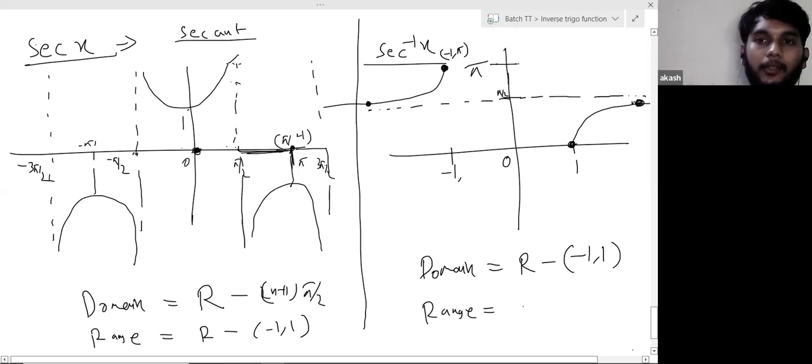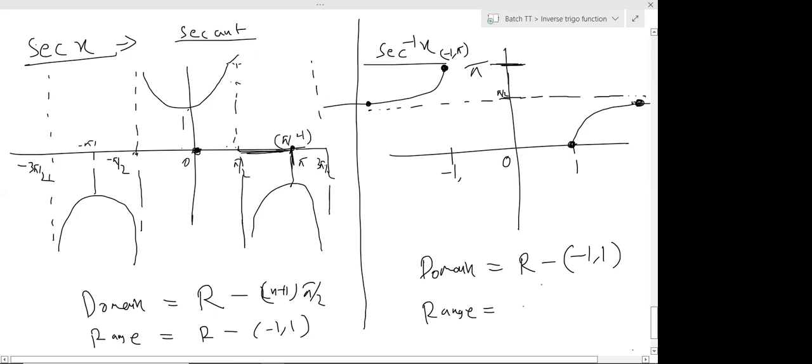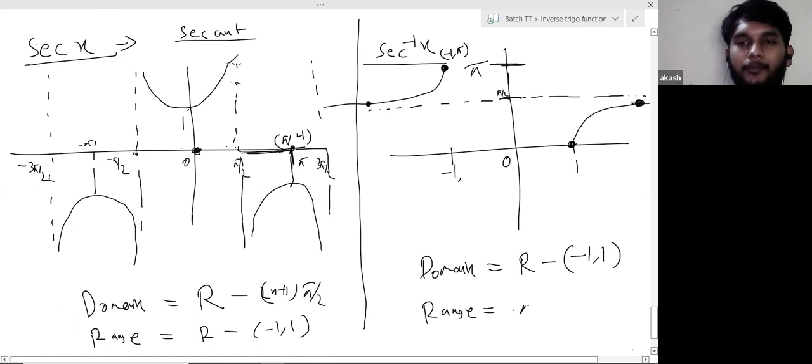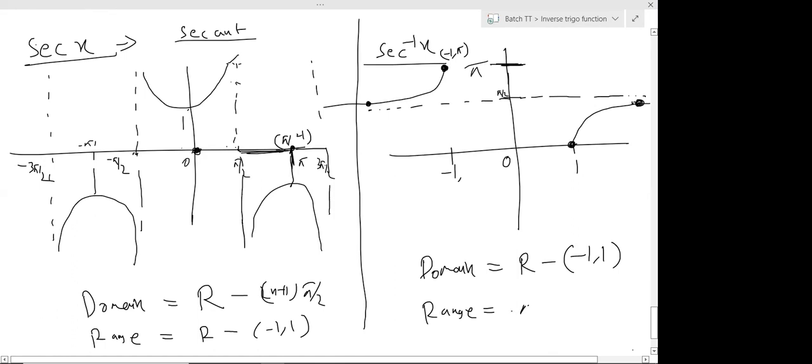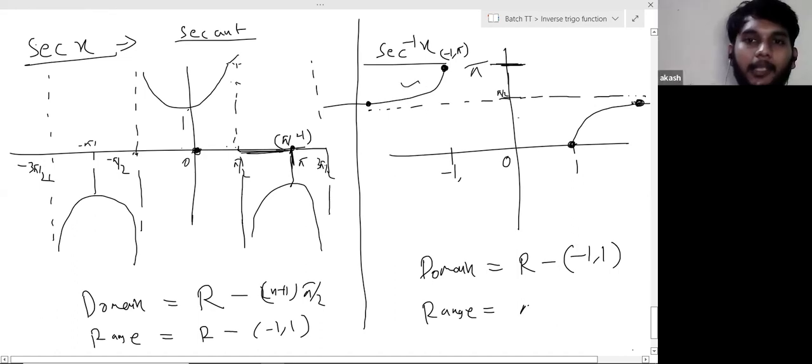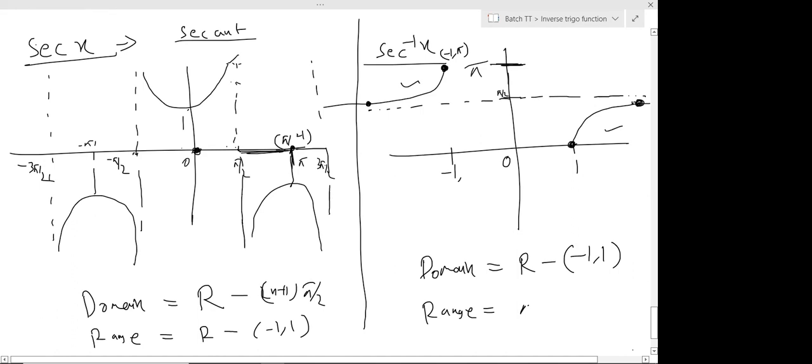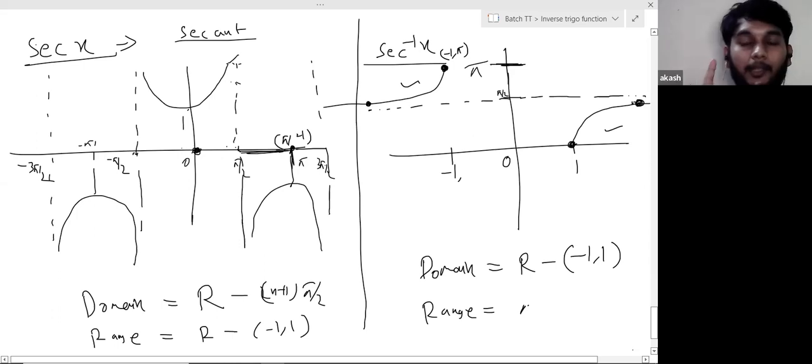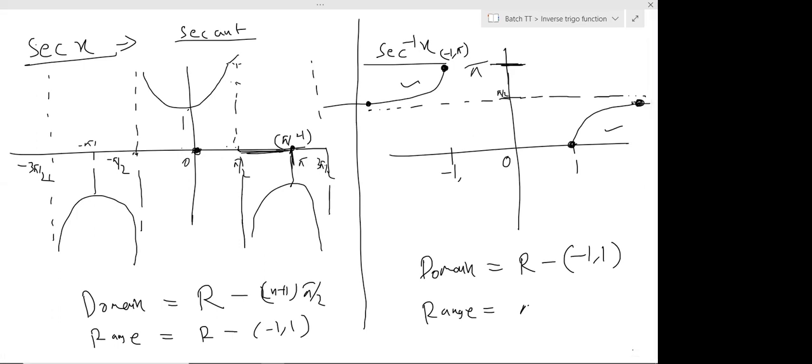Look at the y-axis. Maximum value is pi and the minimum value is, it's not touching pi by 2, right? So it'll be pi minus something. No, look at the graph. The graph is this part and this part also. So what is the lowest point in the graph? Not x-axis, look at y. The lowest point on this.